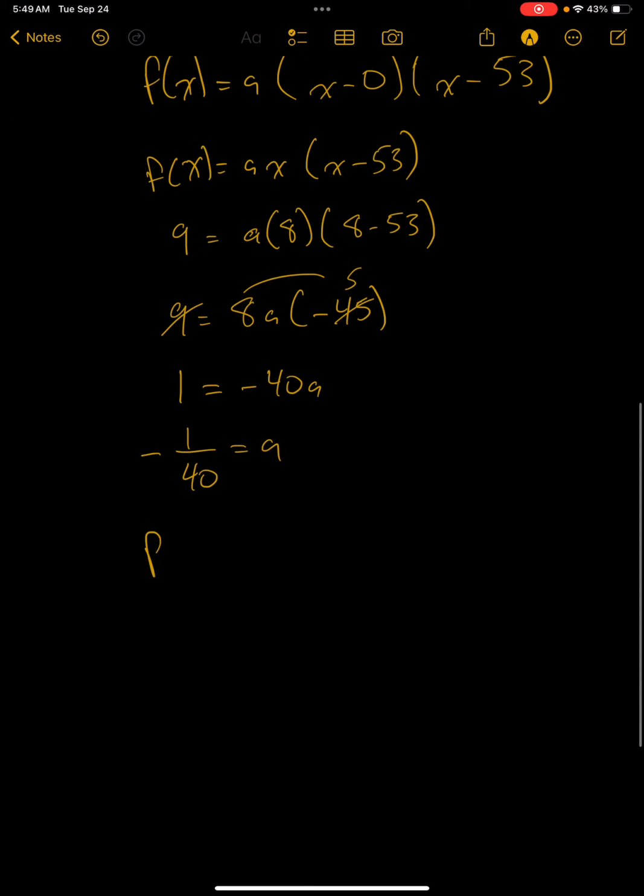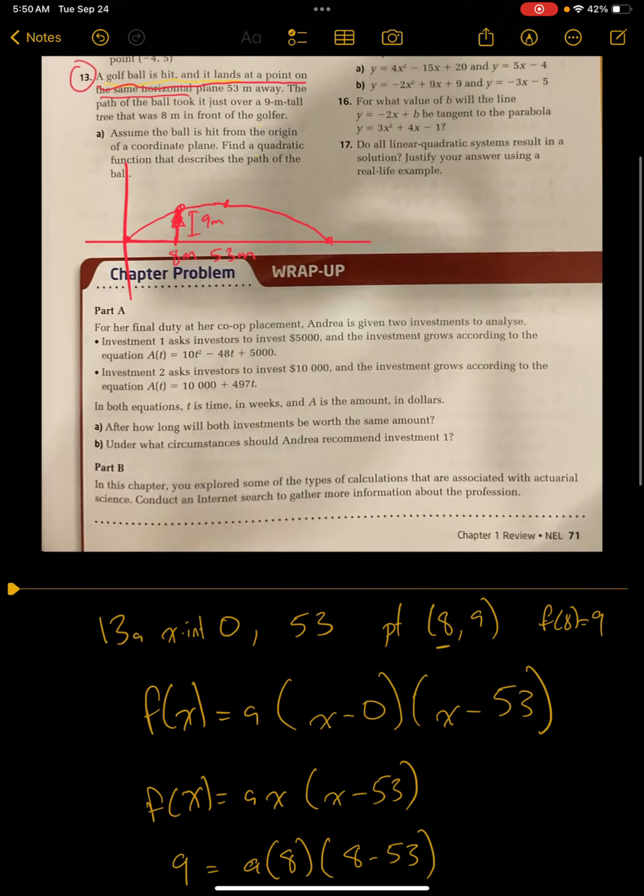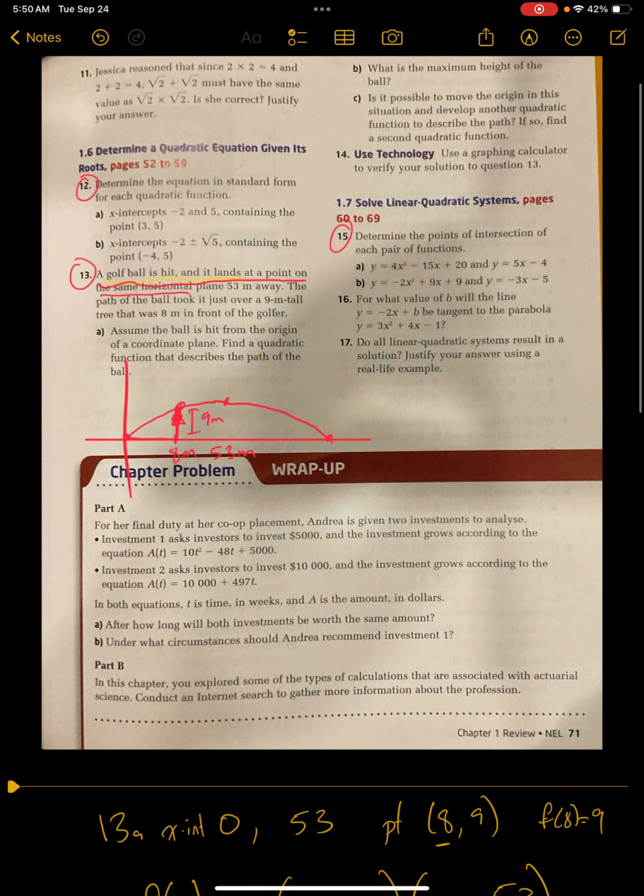So I have my f of x equals negative x over 40 times (x minus 53). Okay, so that's one way that we can write our quadratic equation.